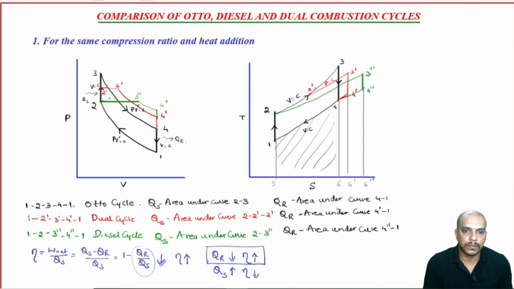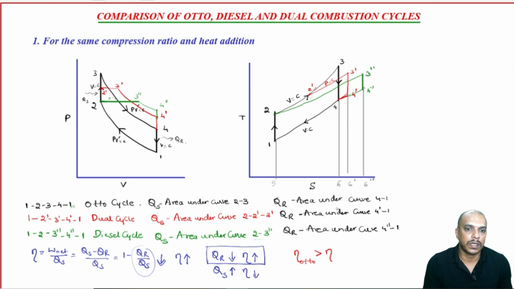Now, we can conclude which will have more efficiency: the one which has lesser heat rejection will have more efficiency. If you see here, the area under the curve 4 to 1 is for the Otto cycle. The Otto cycle has less heat rejection for the same heat addition and the same compression ratio. Therefore, we can conclude that the efficiency of the Otto cycle will be higher, because heat rejection is lesser.